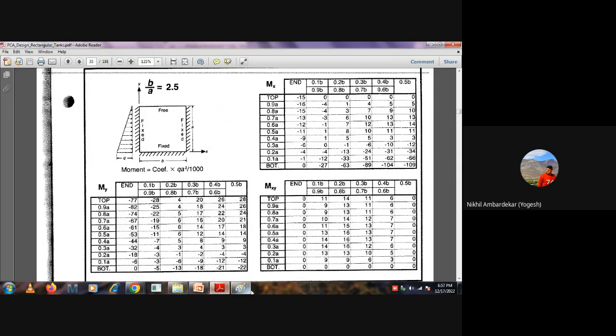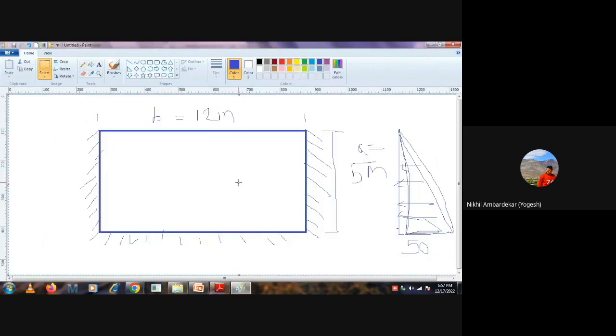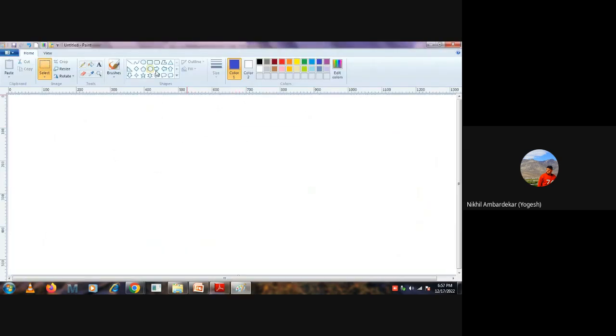Again, I will go to this. I want to draw something. This is my wall panel. This is X. This is Y. I don't want to draw the support.